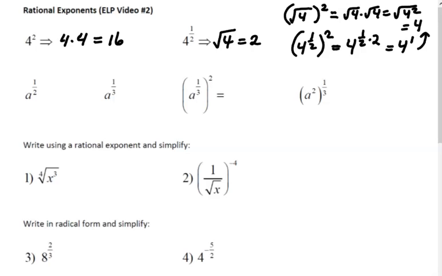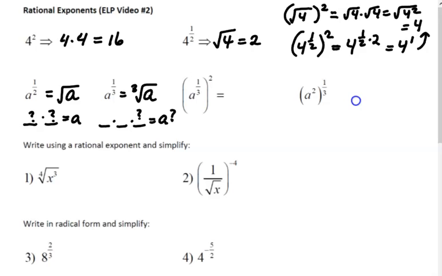So a to the 1/2 is the square root of a. So what's a to the 1/3? Well, this is the cube root of a. In other words, this one is saying what times what equals a, and this is saying what times what times what equals a.